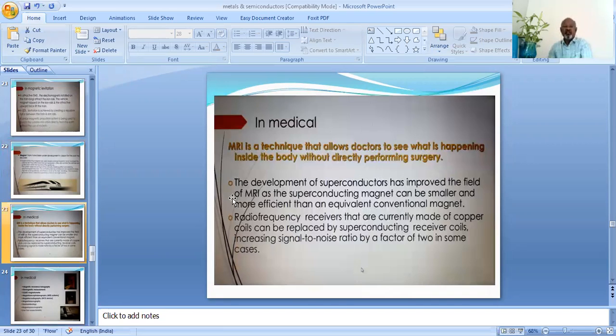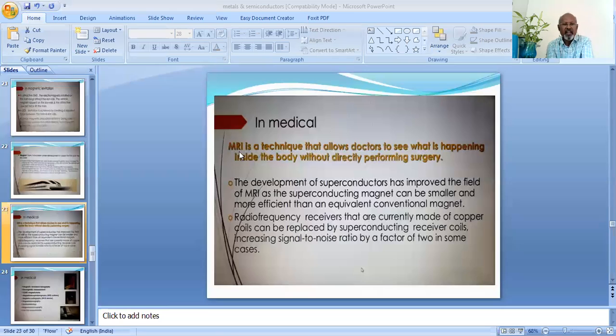Another application of superconductors is that perhaps you might have heard about MRI techniques, where high resolution magnets are used. These magnets are again made of superconducting material.